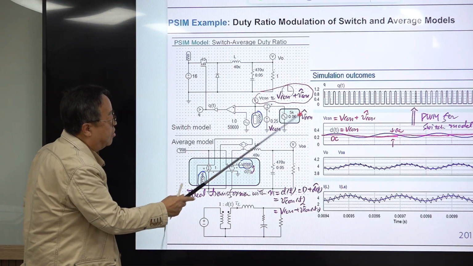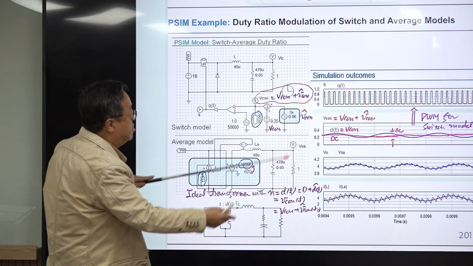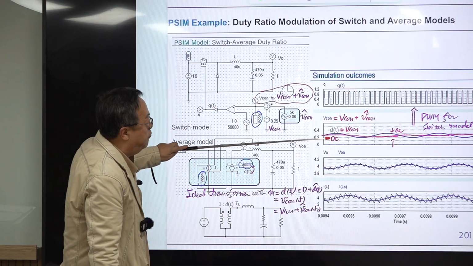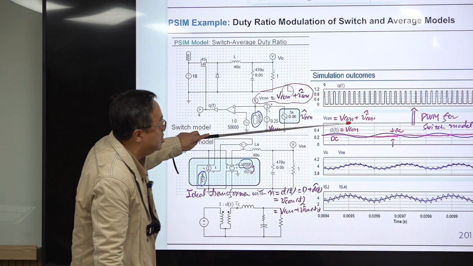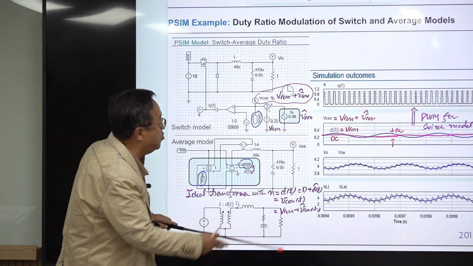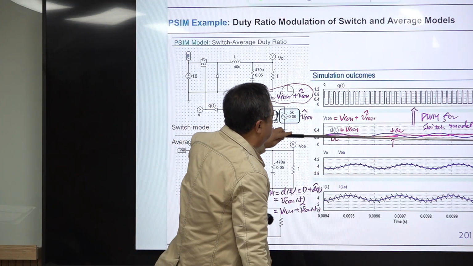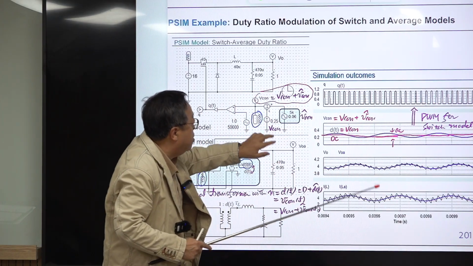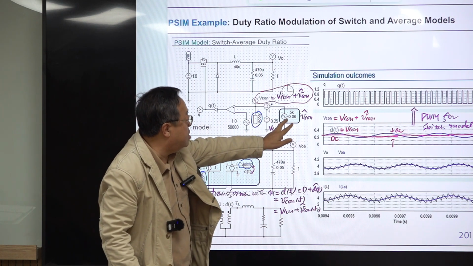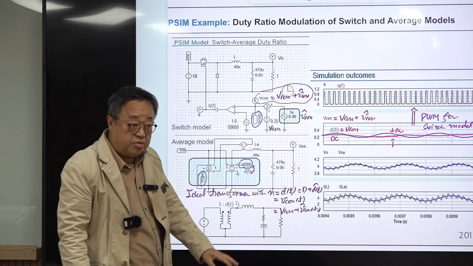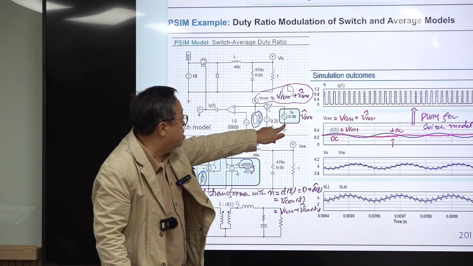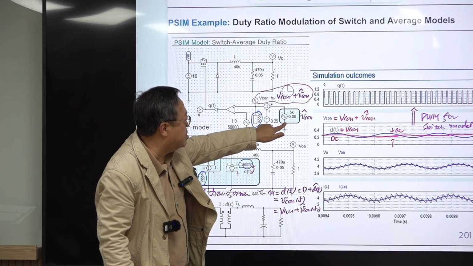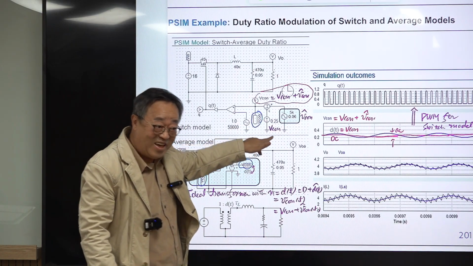They are combined together, so this is the V con waveform. V con is the sum of this one and this one, with 0.25 here, and we have an AC component with a magnitude of 0.06, which is much smaller than this.